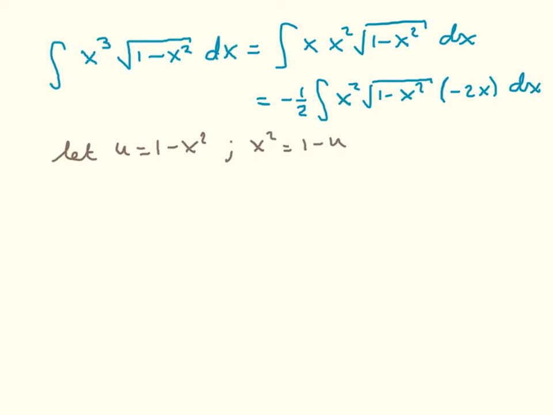So all of our integrand is written in terms of u quite easily, directly, and this factor here is going to be du dx, because the derivative of u with respect to x is equal to the derivative of 1 minus x squared, so it is minus 2x.